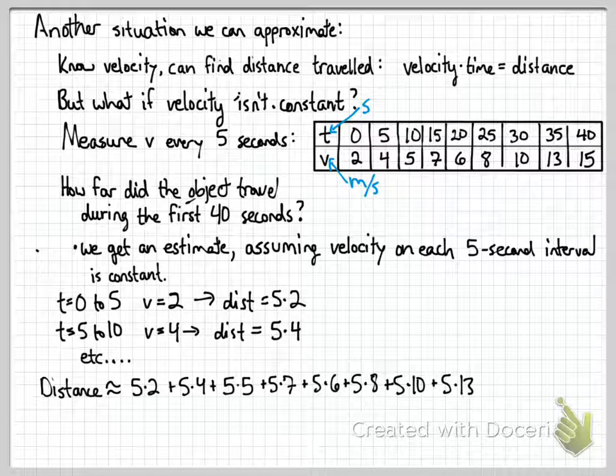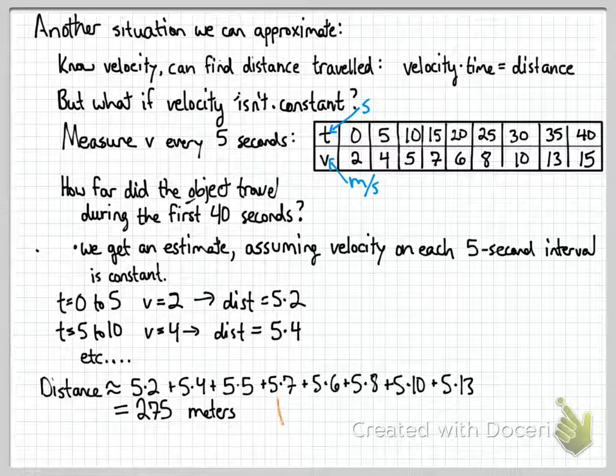I'm not actually going to use the information about what happened at t equals 40. If you multiply this out and add, you get 275 meters. It's a distance. So approximately 275 meters is how far this object traveled.